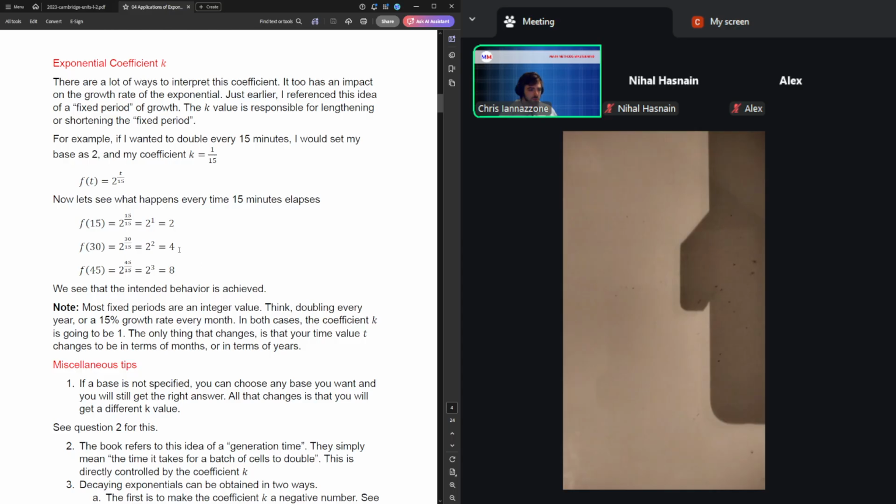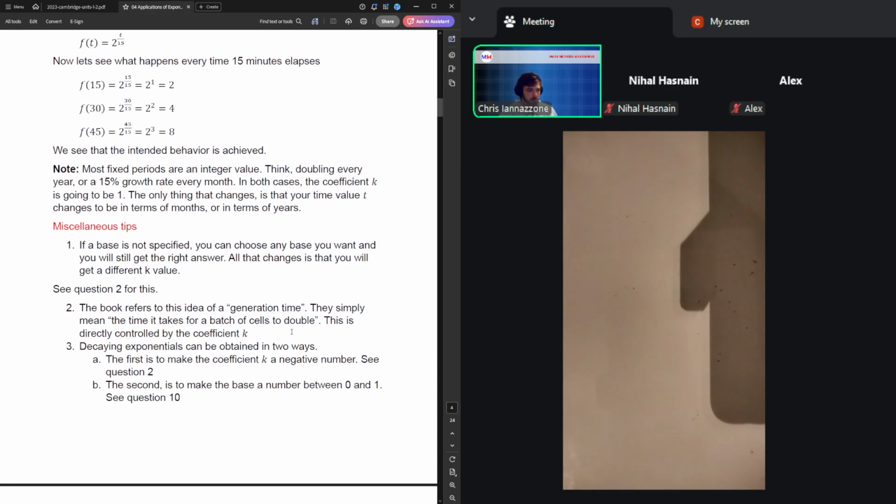So this is a rare thing that you'll be able to sub in and plug in directly what your k value is. Usually it's going to be some sort of CAS solve or algebra rearrange to get your k. That's about it until we get into some miscellaneous stuff. Any questions there so far?